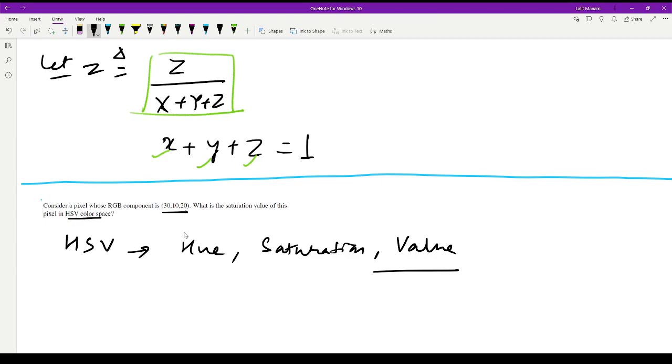So is it a linear space or a non-linear space? Well, it's a non-linear space.